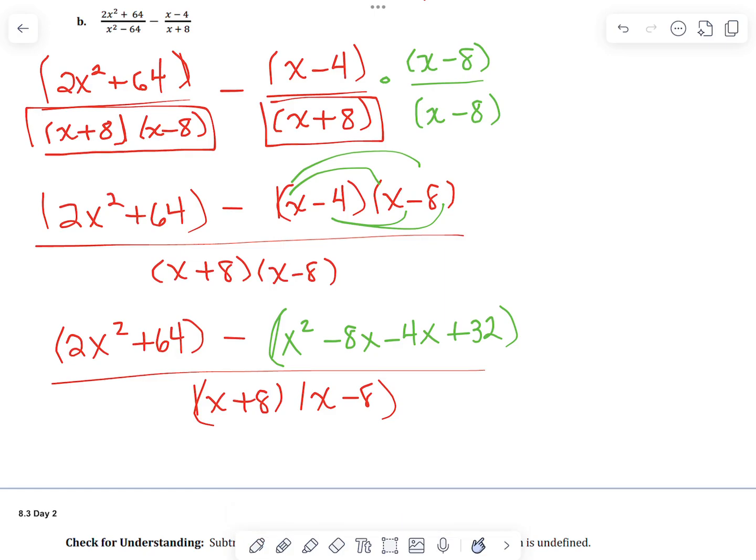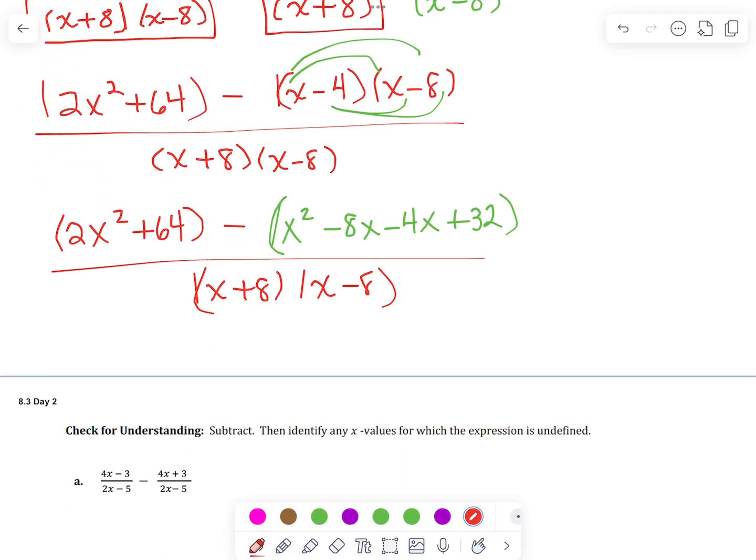All right. Now we have to distribute that negative into all of the terms. So essentially it's going to take this as a negative, a positive, and a negative. Now we look for like terms.